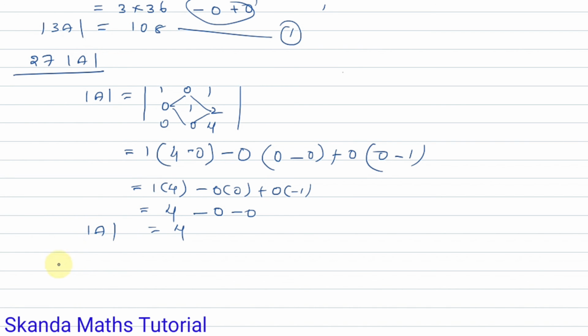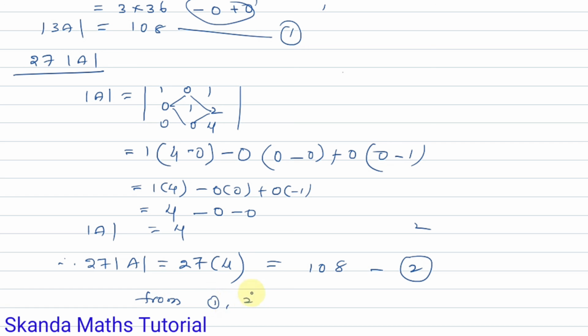Clear? Next we need to find 27 into determinant of A. So 27 as it is, and the determinant of A is 4. 4 sevens are 28, carry 2, 4 twos are 8 plus 2 is 10. So it is 108. This is equation number 2. Now consider equation number 1 and equation number 2.